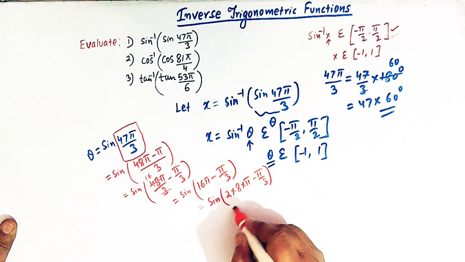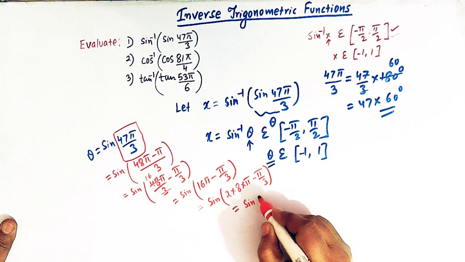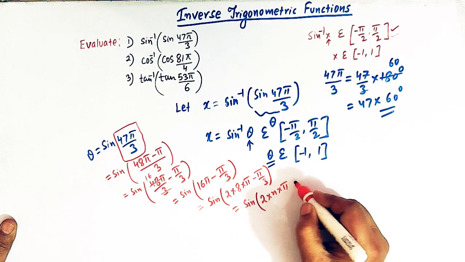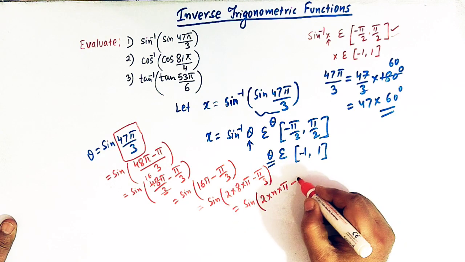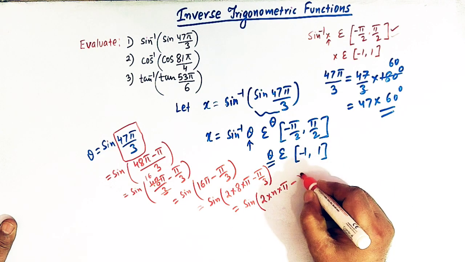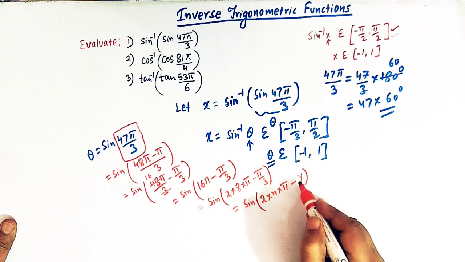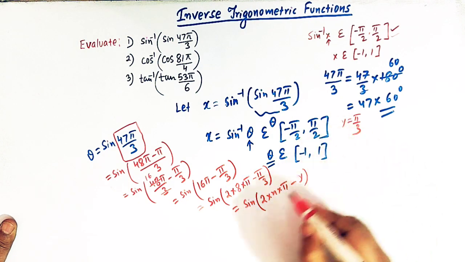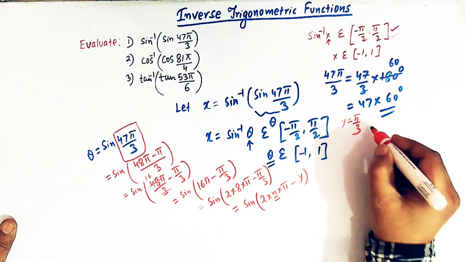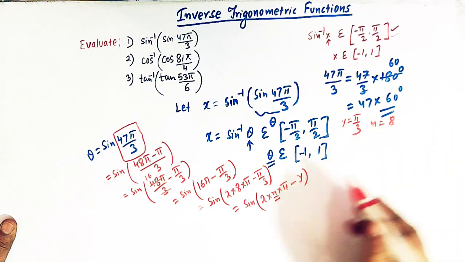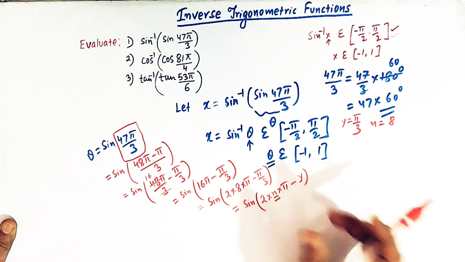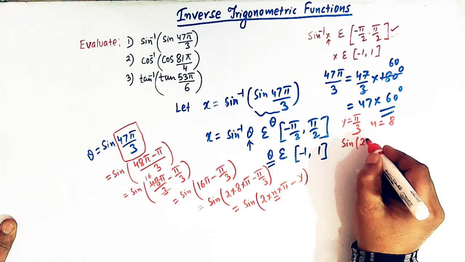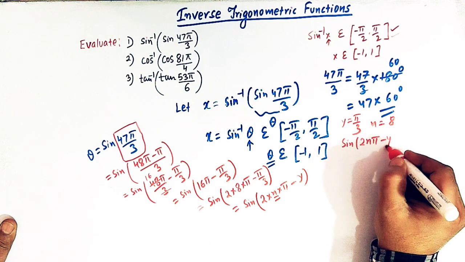Let us compare this expression with sine of 2 times n times pi minus y. Here y is pi by 3 and the value of n is 8. So we have the form sine 2n pi minus y.